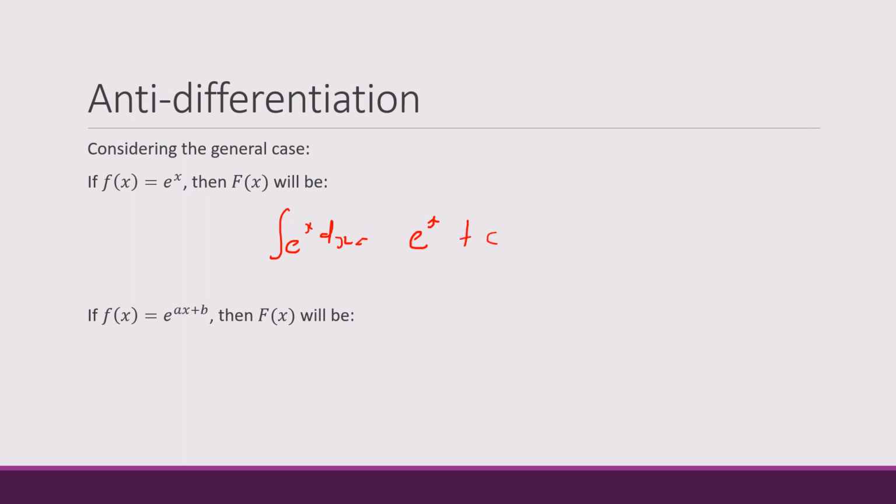If we've got some linear function in the power, like ax plus b, the integral of e to the ax plus b dx is, well, the integral of an exponential is itself, but because of this power, we have to divide by the derivative of ax plus b. The derivative is just the number in front of x, in this case, a. So it's e to the ax plus b divided by a, whatever number that is, plus c.